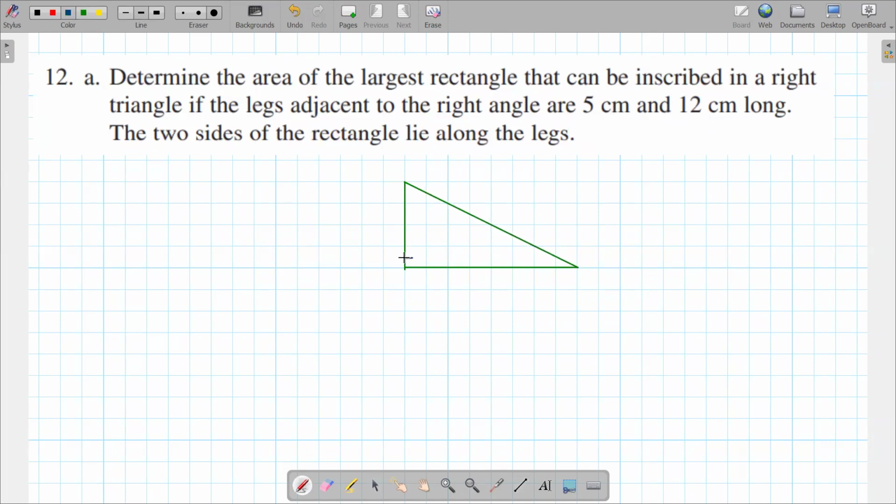So we have a right angle triangle. This is 5 centimeters. This is 12 centimeters. And we need to fit a rectangle in here and maximize the area of that rectangle. The two sides of the rectangle lie along the legs. What does that mean?